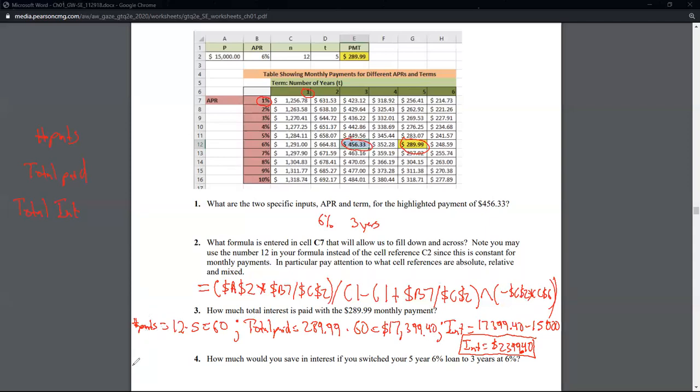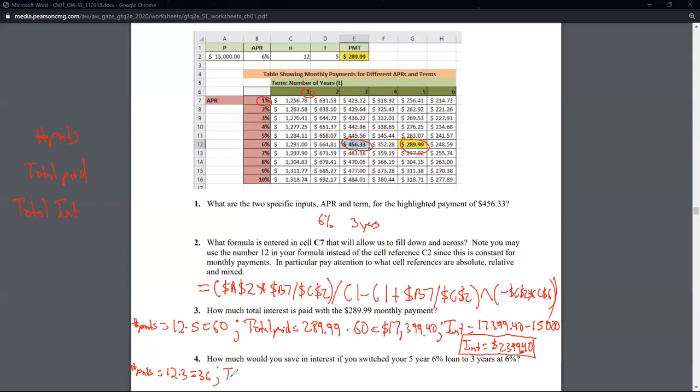So the number of payments: we're paying 12 times a year, but now instead of paying for 5 years, we're only paying for 3 years. So we only make 36 payments. Yeah, we're making a bigger payment, going from like 300 to 450, basically a 50% bigger payment, but we're only going to pay it for 3 years instead of 5 years.